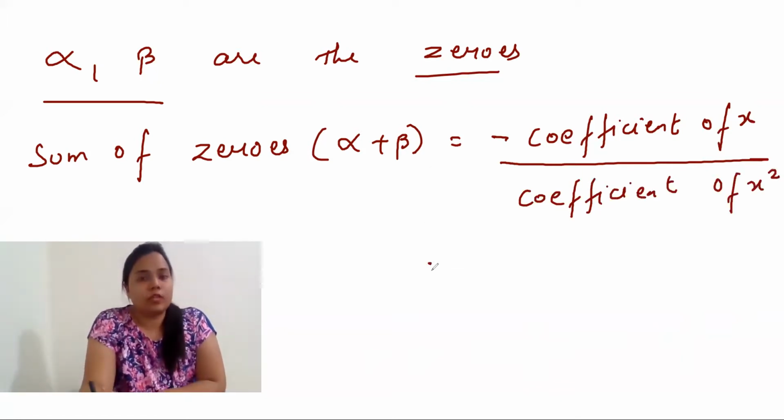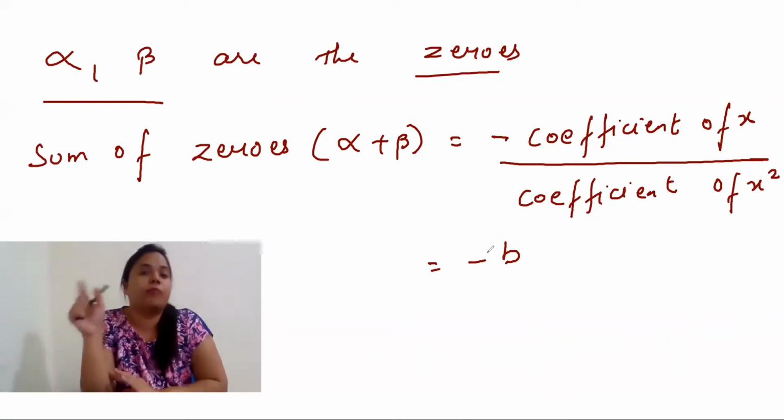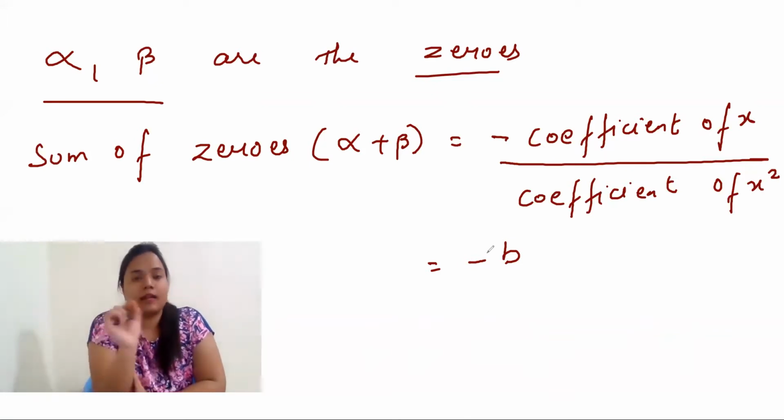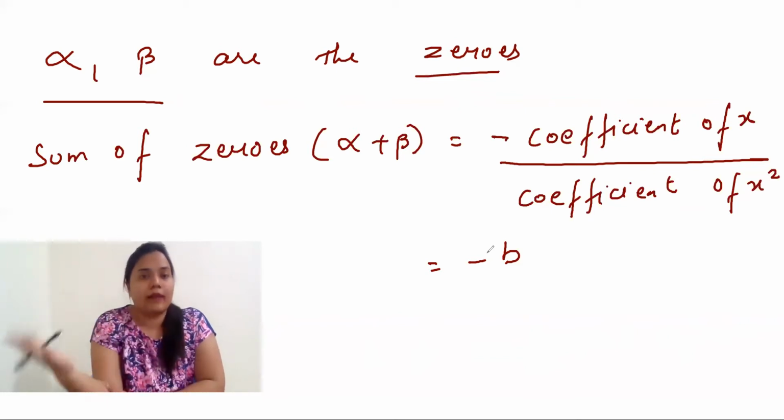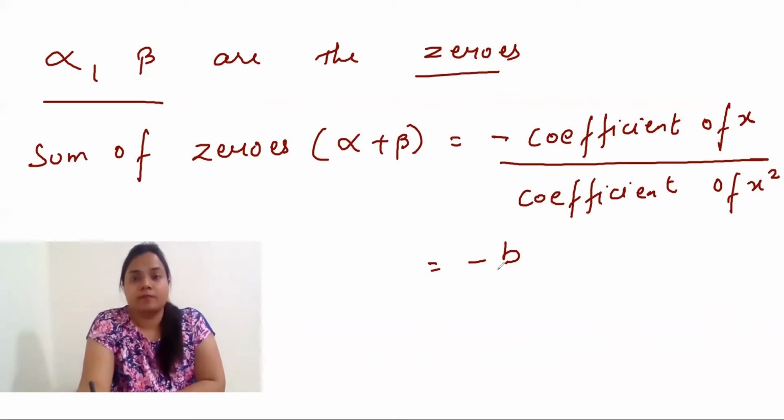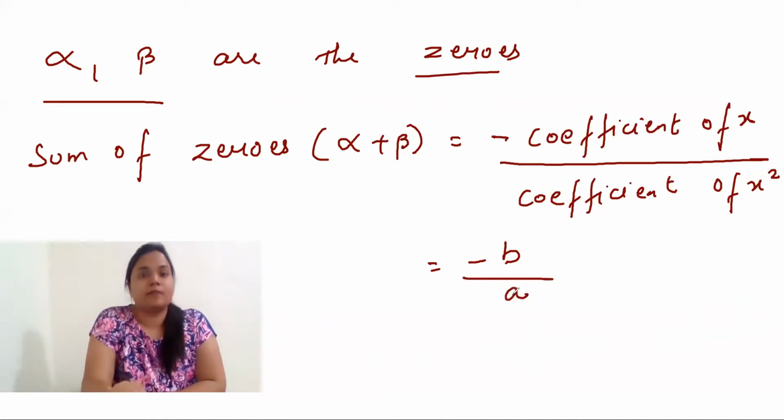So what was the coefficient of x? That is b. So I'll write here minus b. If b is minus 2 suppose, then minus b will become minus of minus 2. Don't think that already there is a negative, so we don't have to take it. We have to take it. Minus b upon the coefficient of x square, which is a.